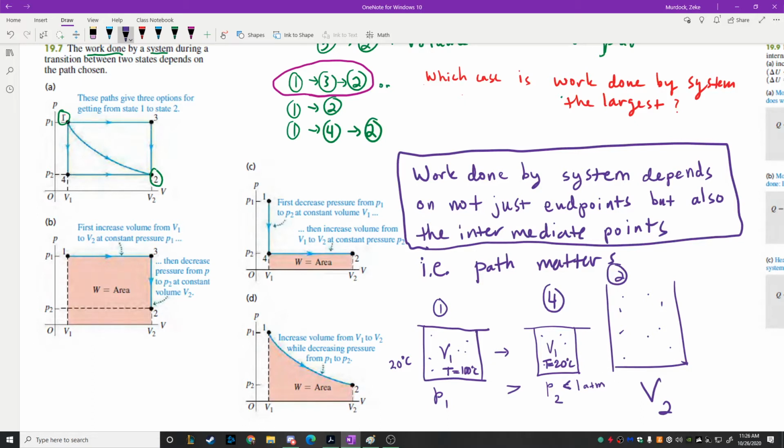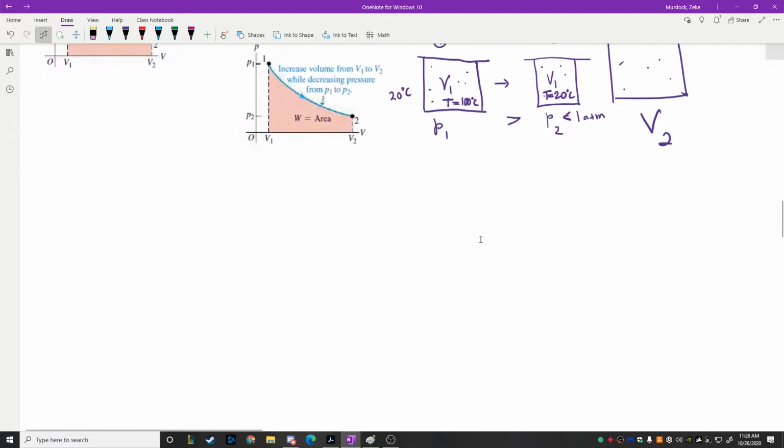Okay. Let's see here. All right, so we talked about how the work done by a system depends not just on the endpoints, but also on the intermediate points. And so now we want to talk about heat added in the thermodynamic process.